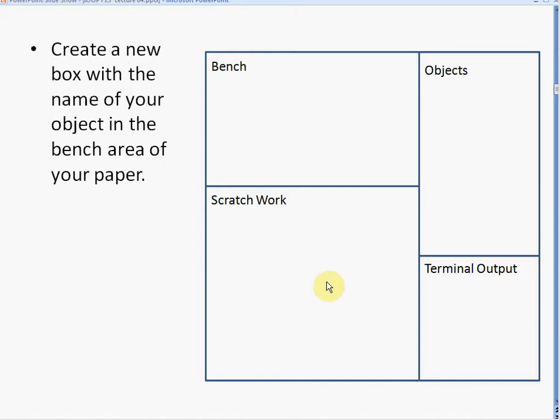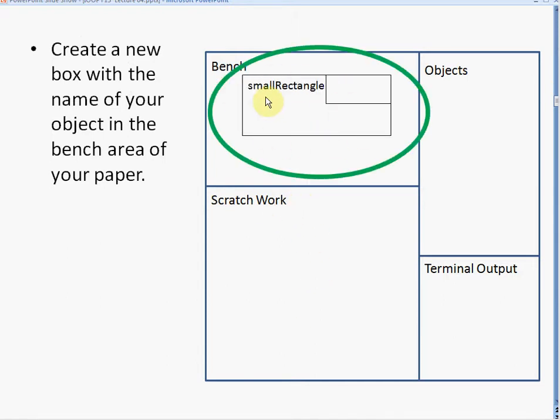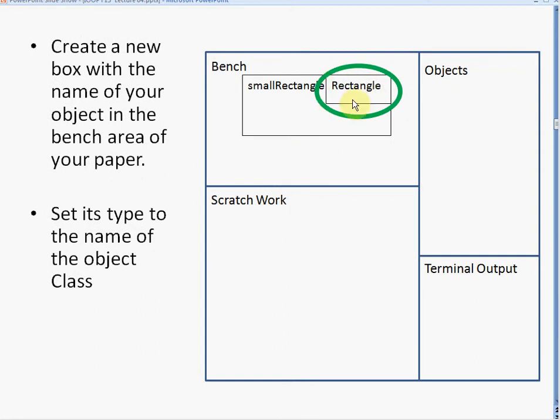Okay, so step 1, if you want to create a new object, if you do what we just did, right-click on the class and create a new rectangle, you start out by creating a new box on the object bench with the name that you typed in as the name of your new instance of the class. So I called it small rectangle. And then you also type in the name of its type, which of course is Rectangle because it's the Rectangle class.